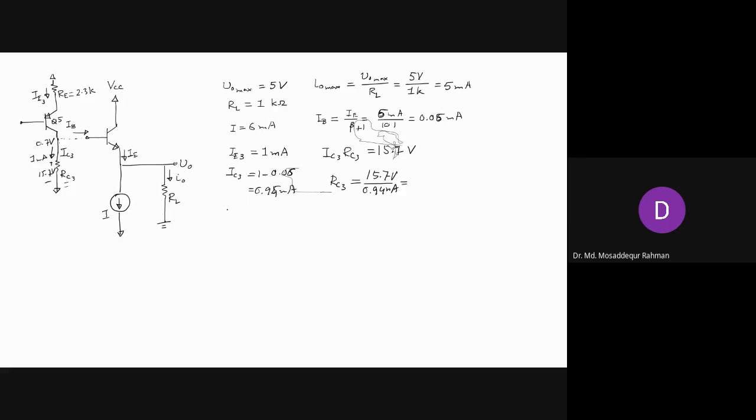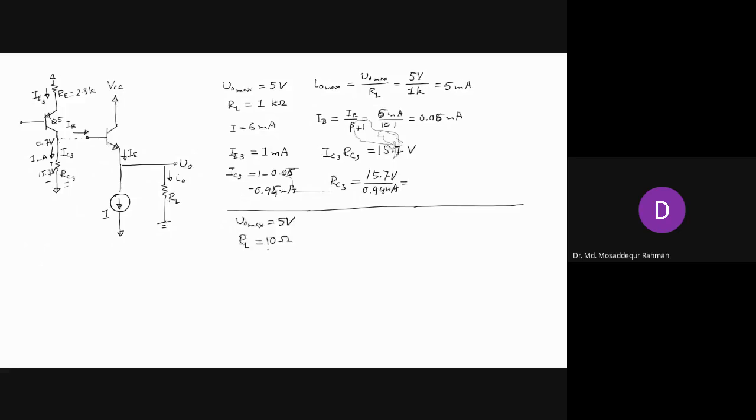Now imagine the other situation. Now here we have RL. Before we had 1K, now RL is only 10 ohm.